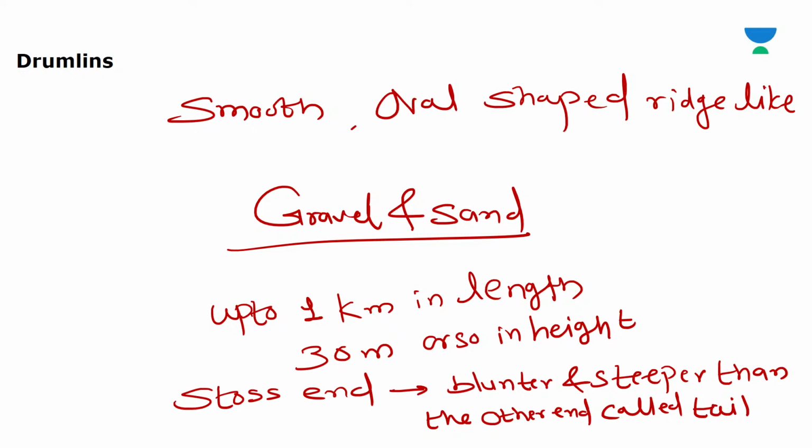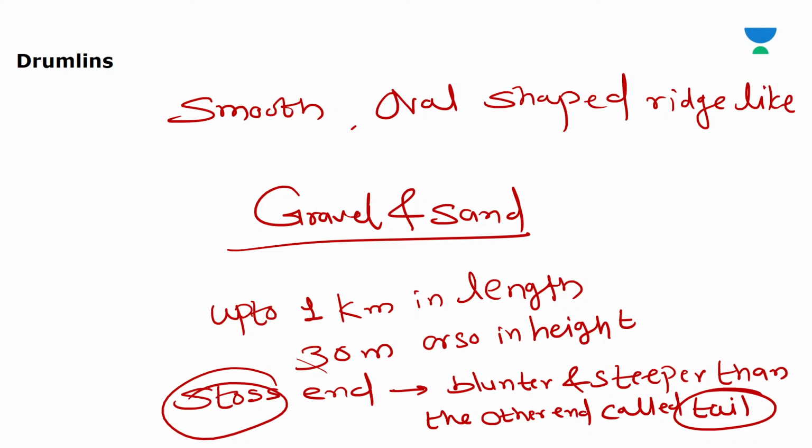So the drumlins measure up to 1 kilometer in length and 30 meter or so in height. One end of the drumlins facing the glacier, which is called the stoss end, is blunter and steeper than the other end, which is called the tail.